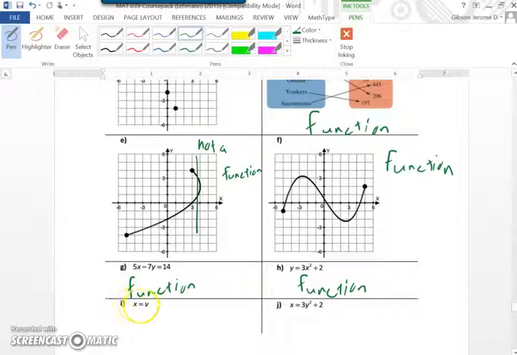Now with I, you notice that x and y are both taken to the first power, so it's still a function. Okay, now, when your y is squared and your x is taken to the first power, it's not a function.